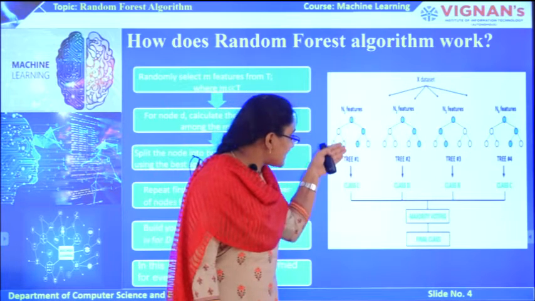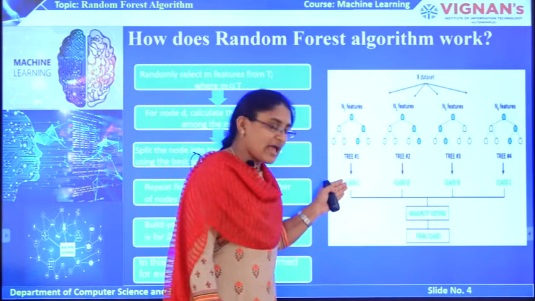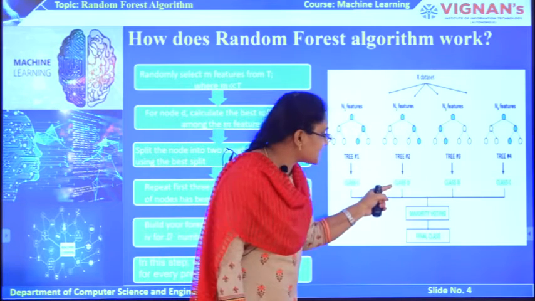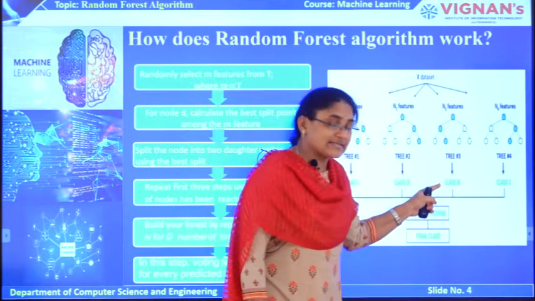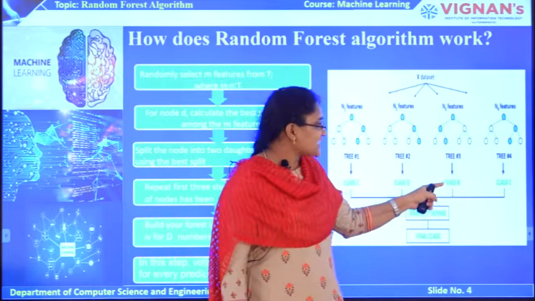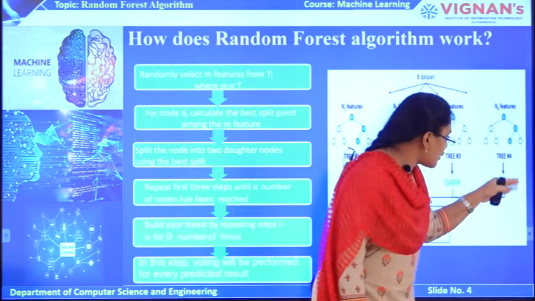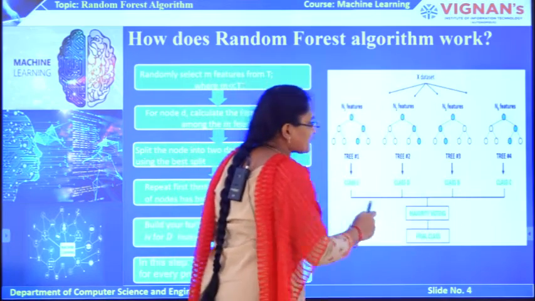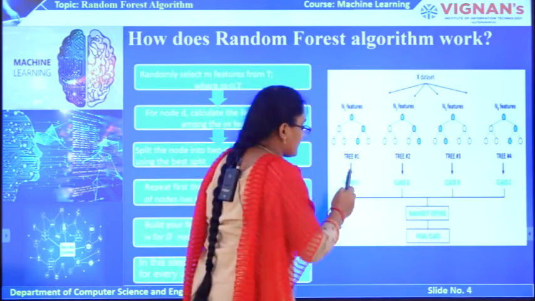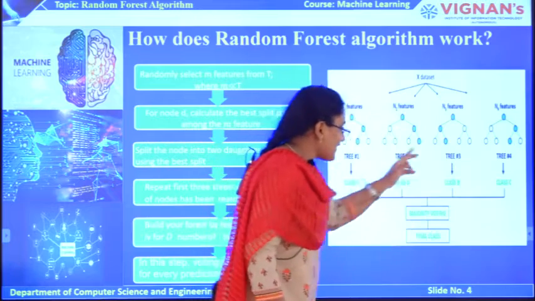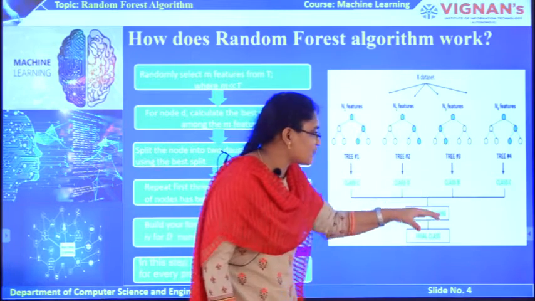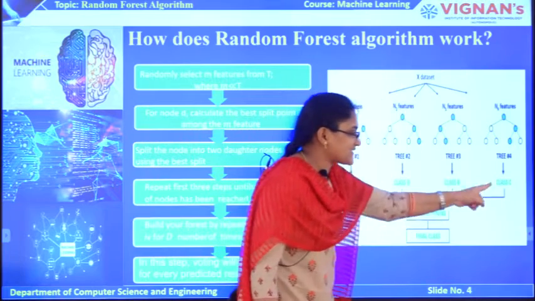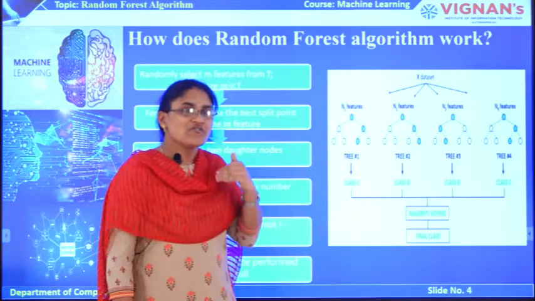Here decision tree 1 gives the result as class C, decision tree 2 gives class D, decision tree 3 gives class B, and decision tree 4 gives class C. Out of these predicted values, the maximum predicted value is class C. So when we apply majority voting on these predicted values, we get class C as the predicted value for our final model.